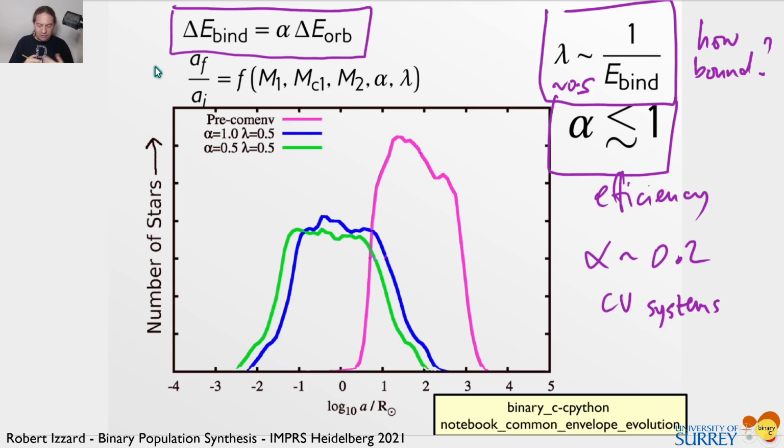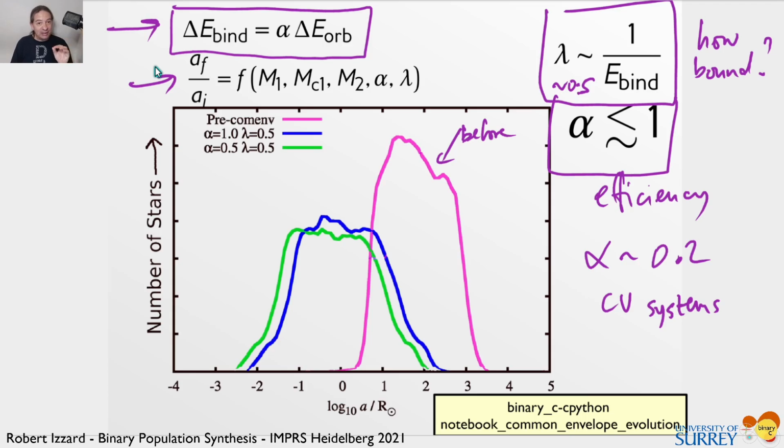And what you can do is you can say, okay, if I take this much energy out of the orbit and I put it into blowing off the envelope, which is what this equation says, how can I compute my final to initial mass separations? How much does my orbit shrink? And indeed, what I do here is I've run a series of models. So this is before common envelope orbital distributions.